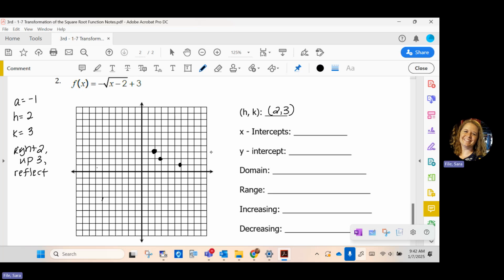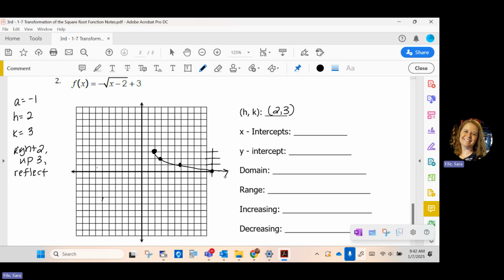7, 8, 9 would be here. 1, 2, 3, that would be here on the axis. So if I extended this, okay, I could get that point there. I can sketch that curve.